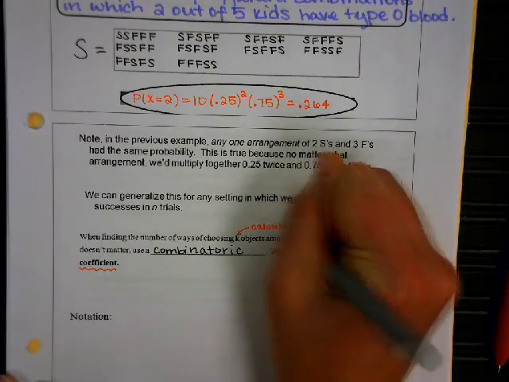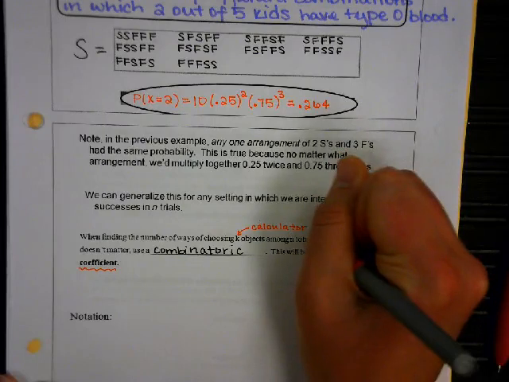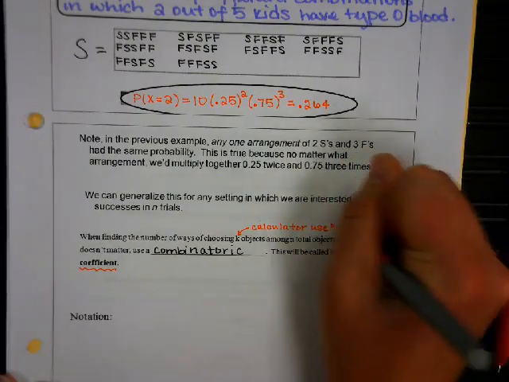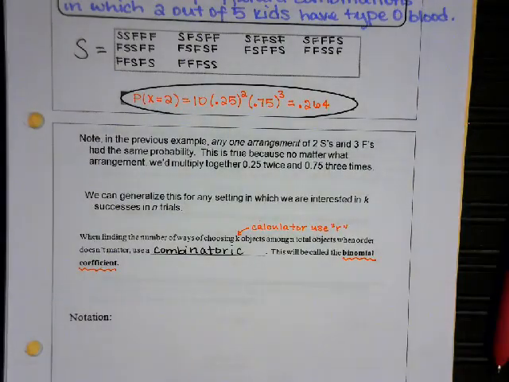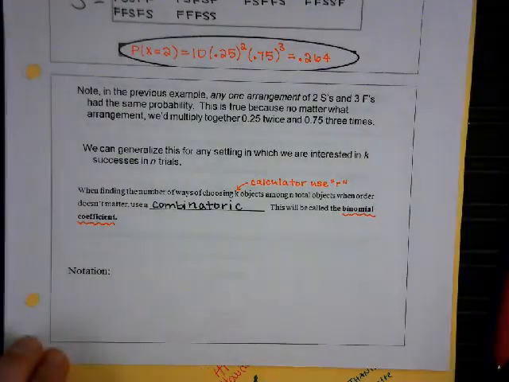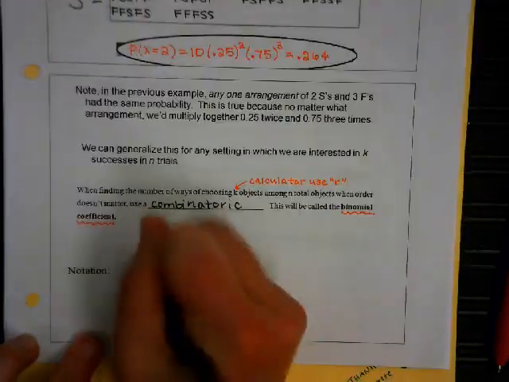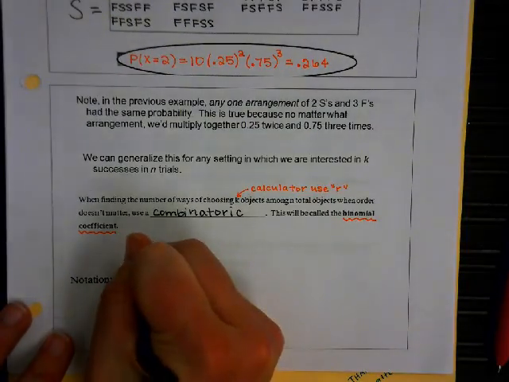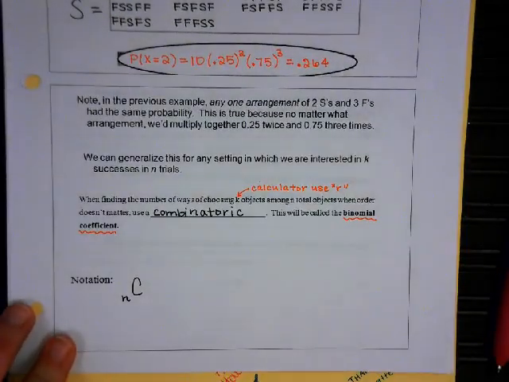So, there are two ways that the combinatoric notation is written. The first, you have a capital C, for combinations. You have a subscript in front of the C, n, that's the number of trials, and then k as a subscript after, that's the number of successes you're interested in.